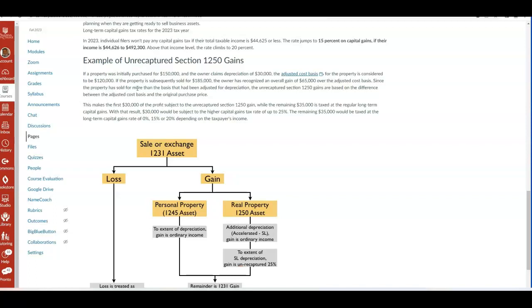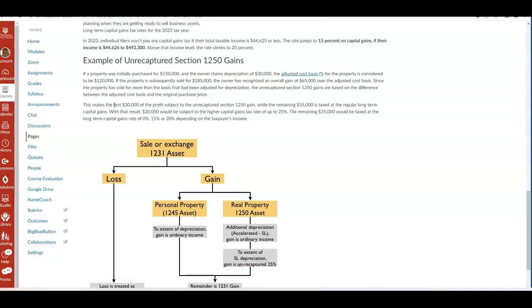Since the property has sold for more than the basis that has been adjusted for depreciation, the unrecaptured Section 1250 gain is based on the difference between the adjusted cost basis and the original purchase price.